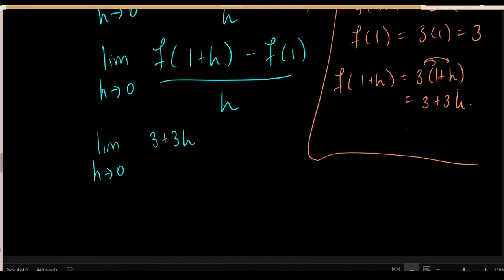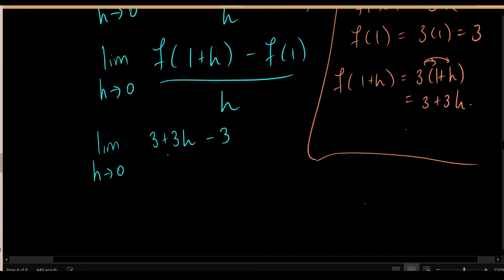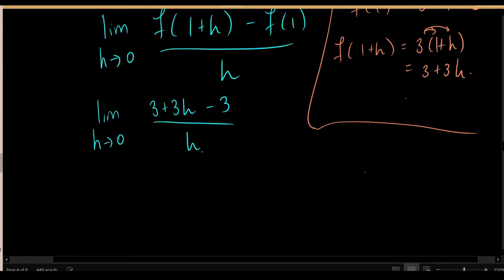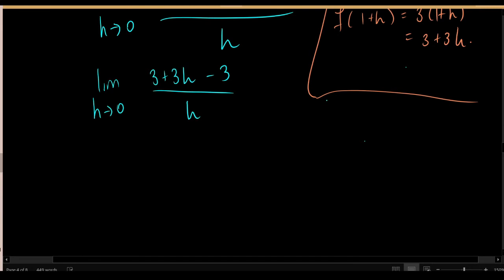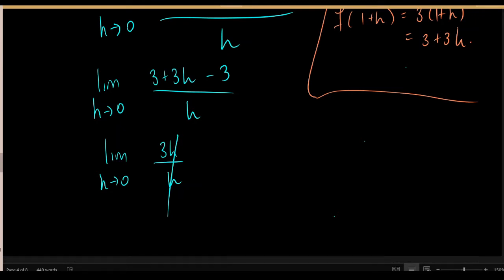F of 1 was 3, divided by h. Now the 3 minus 3 cancels out, and we've got the limit as h approaches 0 of 3h divided by h, and those h's cancel out. So we're left with the limit of just this constant value 3. We're left with 3.